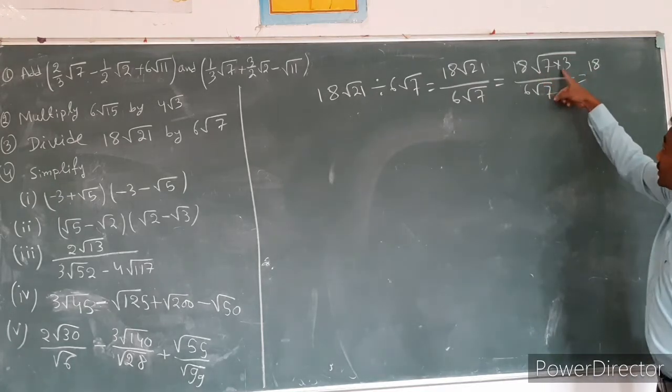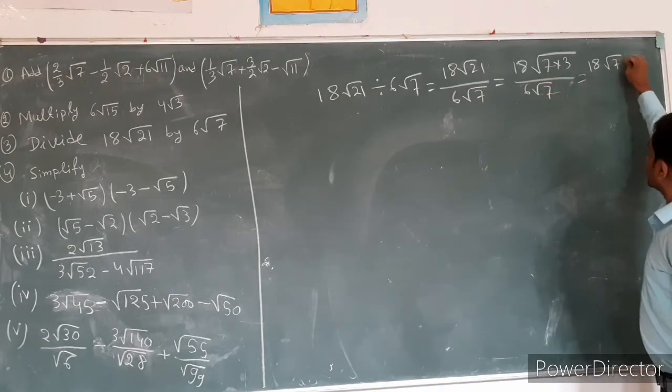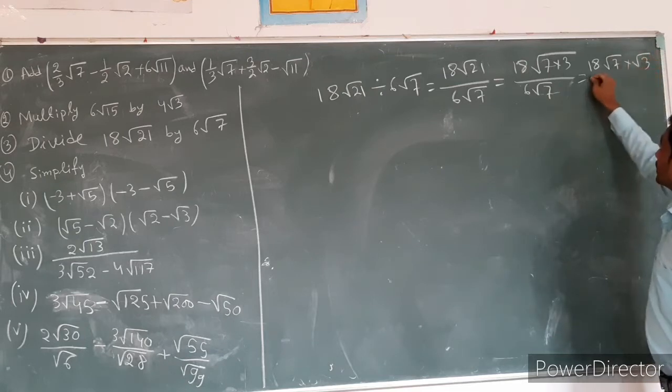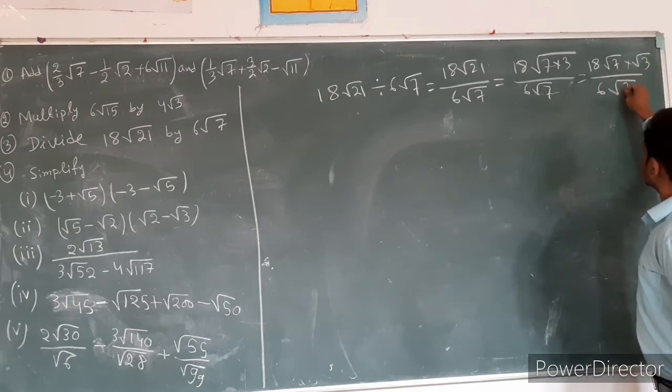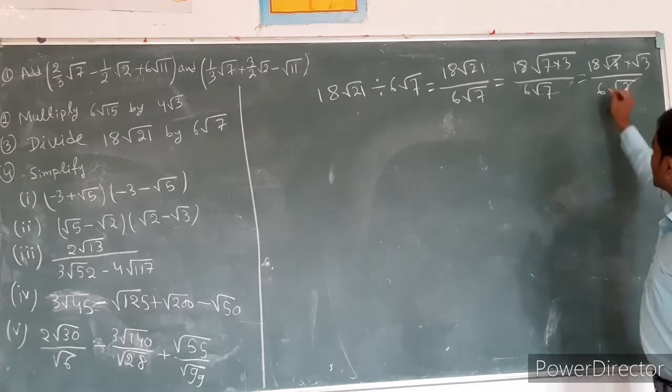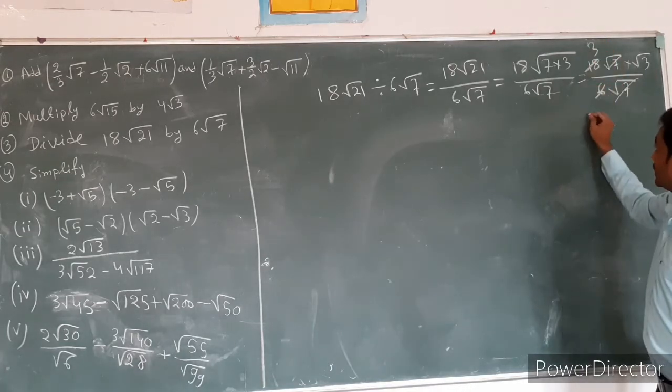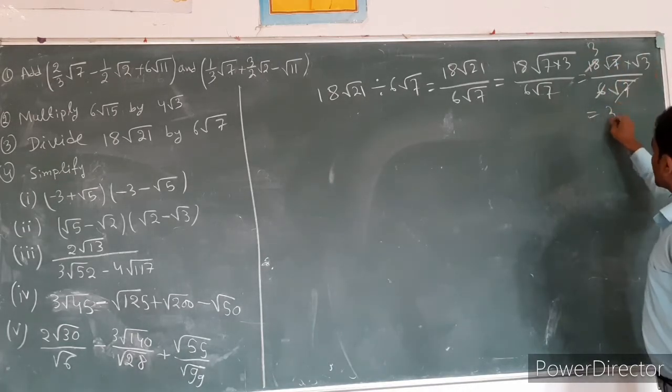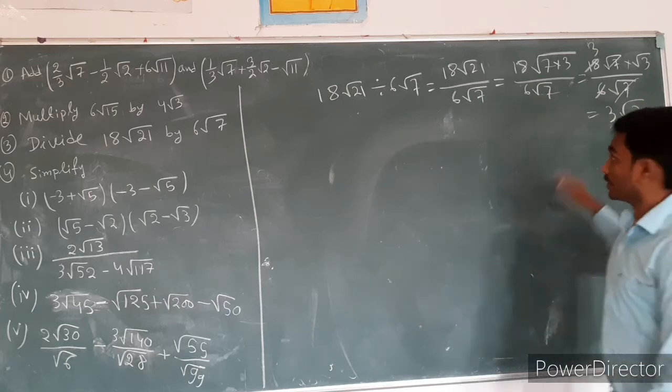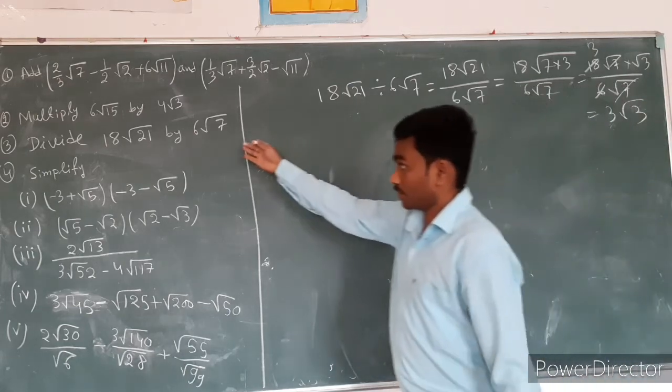Under root a into b is equal to under root a into under root b. Root 7 cancel. 18 by 6 is 3. So 3 into root 3, that is 3 root 3. So this is the solution of third question.